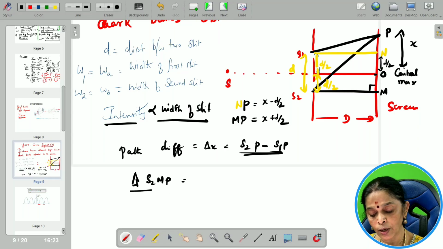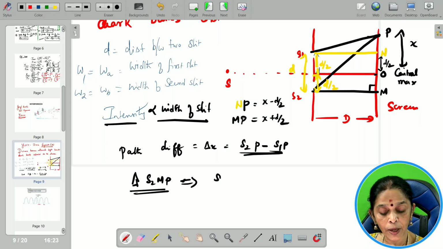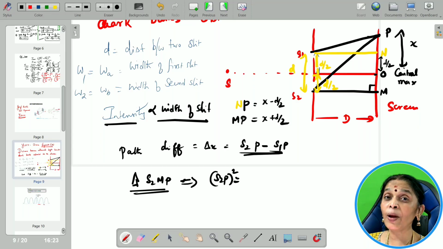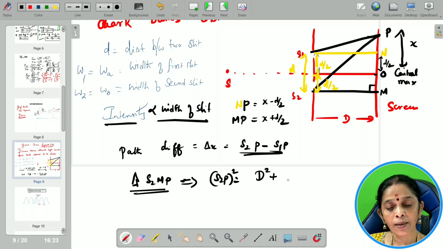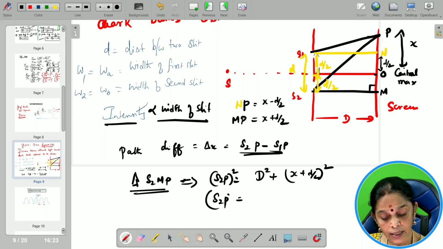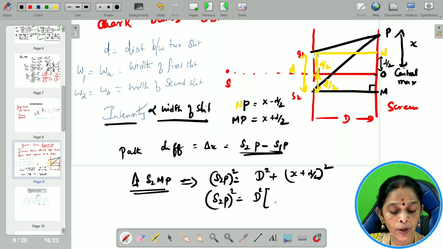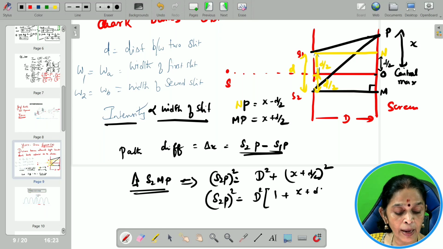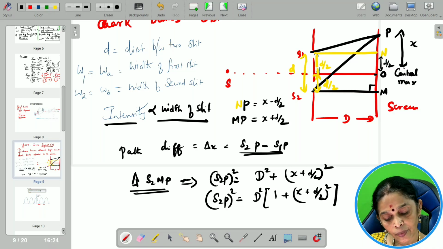From triangle S2MP, what is S2P the whole square? I am going to apply the binomial theorem. S2P the whole square is equal to D square plus S2M the whole square plus MP square. So, that is x plus d by 2 the whole square. So S2P the whole square is equal to D square, take it out, 1 plus (x plus d by 2) the whole square divided by D square.